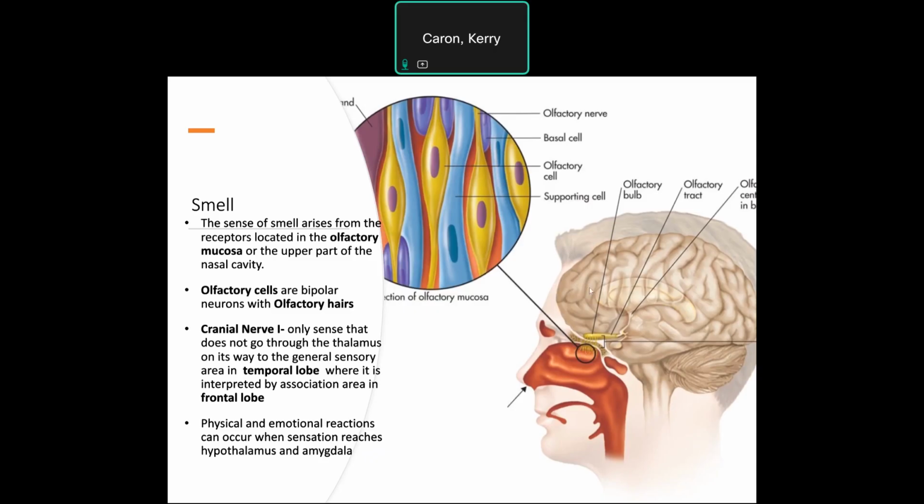And we have a lot of physical and emotional reactions to smells, especially when that sensation reaches the hypothalamus and the amygdala, and emotion gets involved. You know, smells can bring us back, make us feel different things. So really the sense of smell, we're going to identify it in the temporal lobe, but interpret it in the frontal lobe, the thinking part.